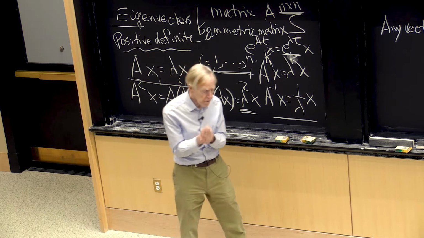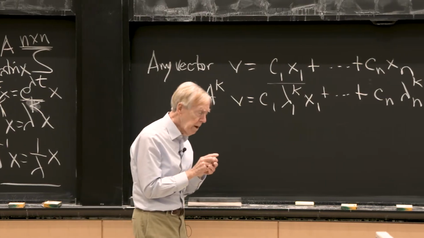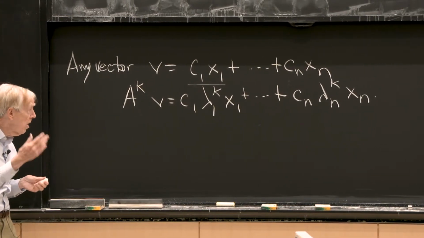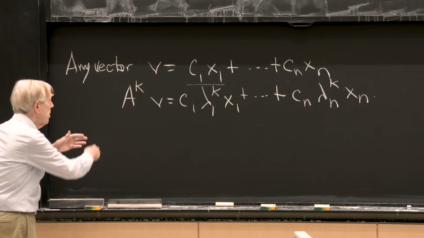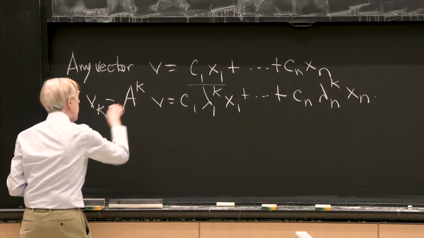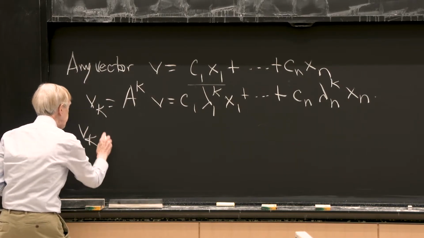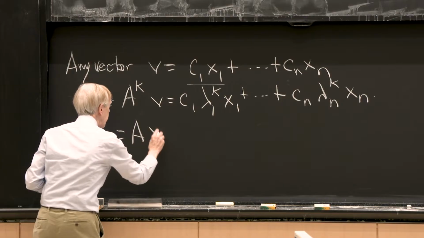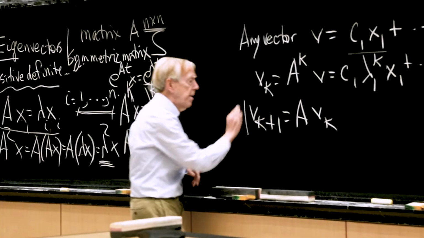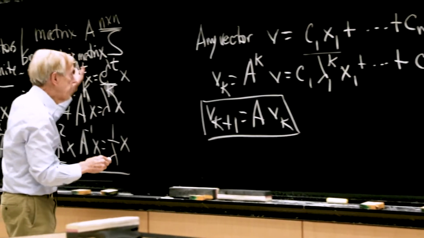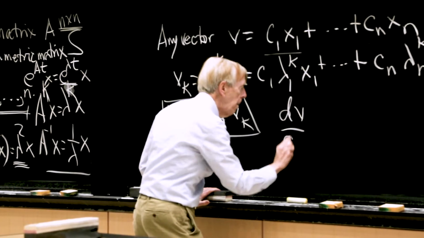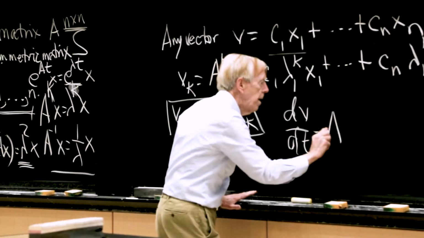So the first use for eigenvectors, maybe the principal use for which they were invented, is to be able to solve difference equations. If I call that vk, the kth power, then the equation I'm solving here is a one-step difference equation. And if I wanted to use exponentials, the equation I would be solving would be dv/dt = Av.